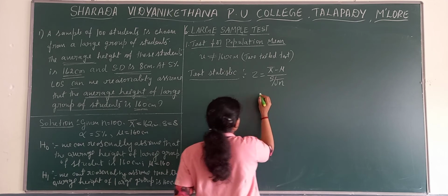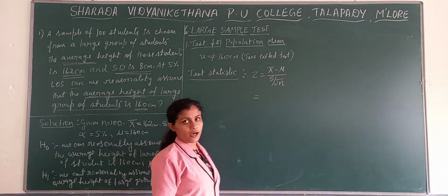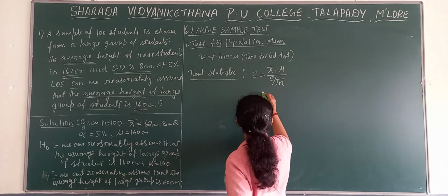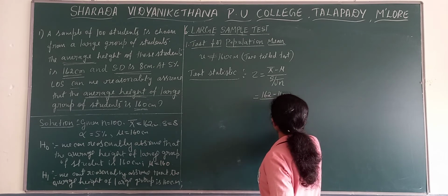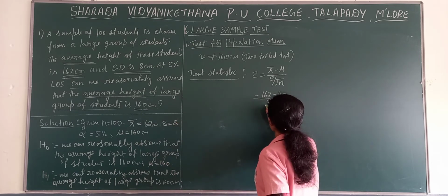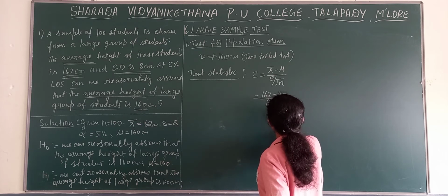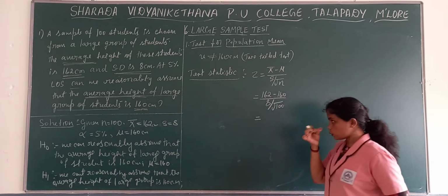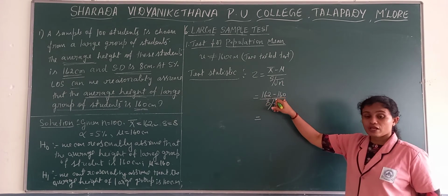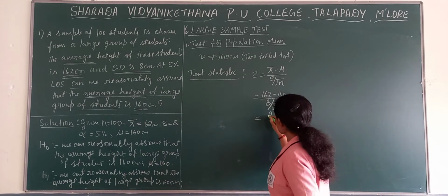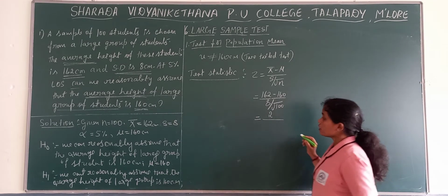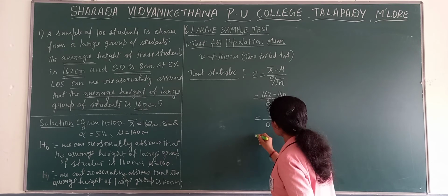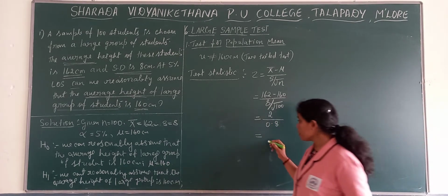The value of x bar is 162, and mu is 160, divided by the standard deviation 8 over root 100. 162 minus 160 gives 2. 8 by root 100, which is 10, gives 0.8. When you divide, you get the value 2.5.